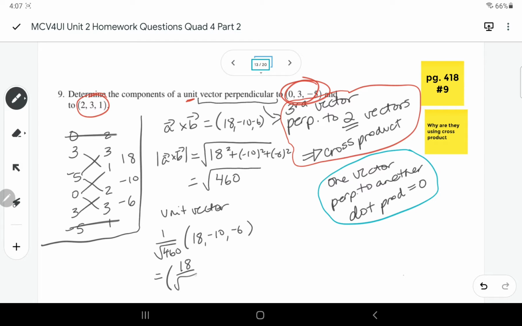That'll be 18 over root 460, -10 over root 460, and -6 over root 460. You could rationalize those, but you don't have to. I wouldn't take off marks if you didn't rationalize the denominators there. I think that's fine to leave like that. Any questions on that one?